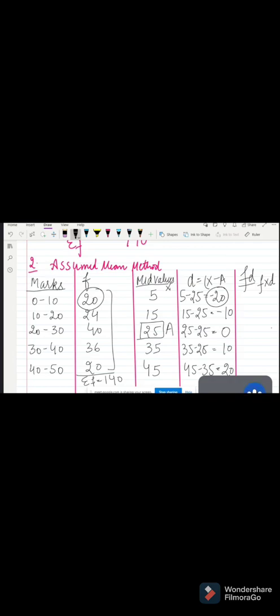So 20 into 20, minus 400. 24 into minus 10, that is minus 240. 40 into 0, 0. 36 into 10, 360. And 20 into 20, 400, right? So just simply adding all these items.